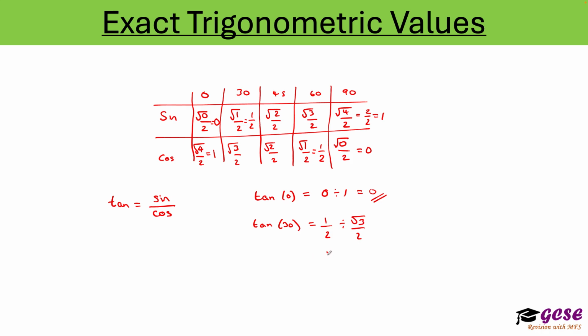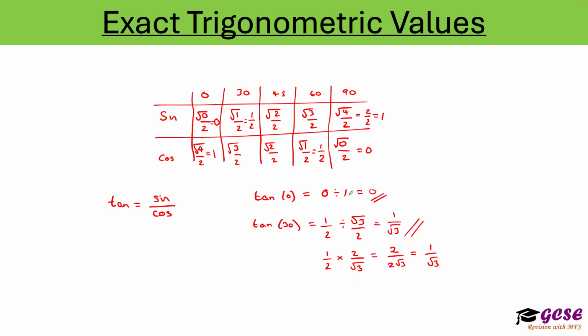So that would become a half multiplied by 2 over root 3, and that would get you 2 over 2 root 3, which can then be simplified to just 1 over root 3. Okay, so tan 30 is going to be 1 over root 3.